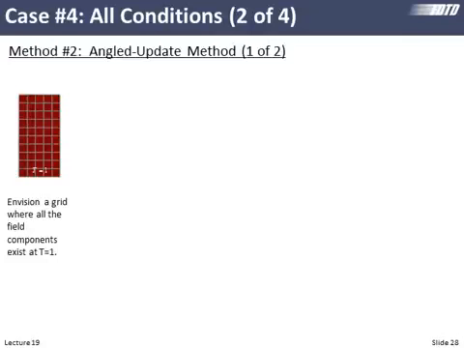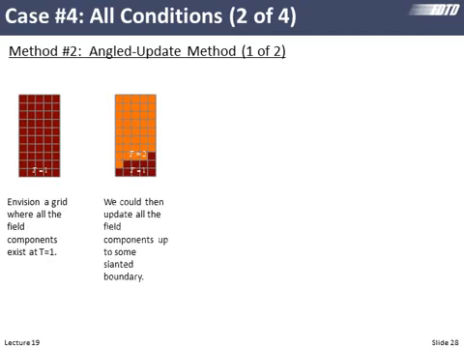So right now, let's imagine we have a grid. All the field values exist at time equals 1. And so this is sort of our normal finite difference time domain at this point. We could actually go in and update most, but not all of those values.